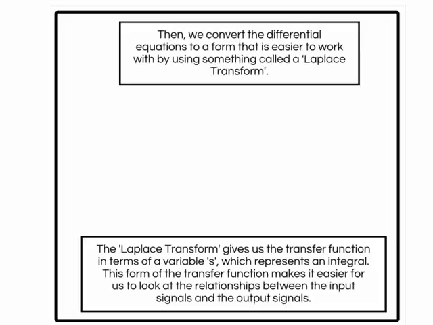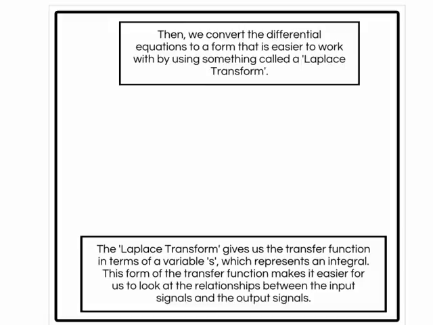Once we have a differential equation that describes the system, we can then convert the differential equations to a different form that's easier to work with by using something that's called a Laplace transform.